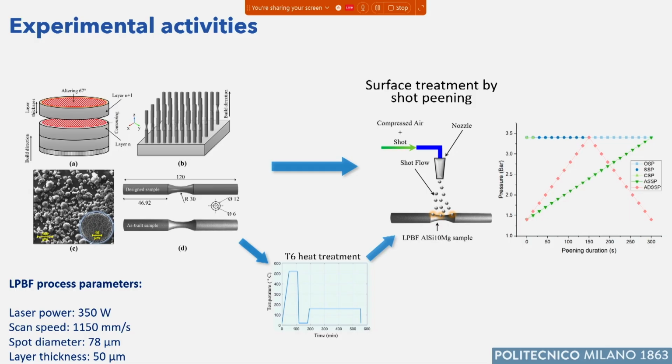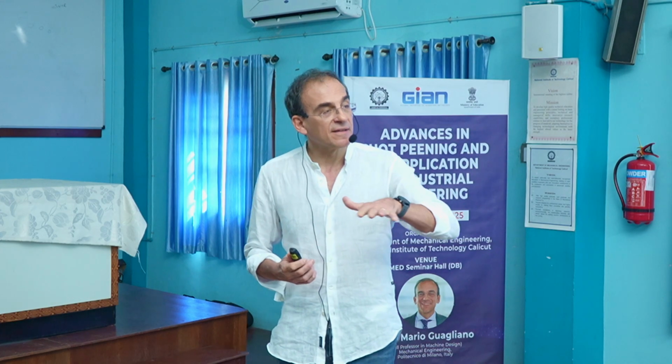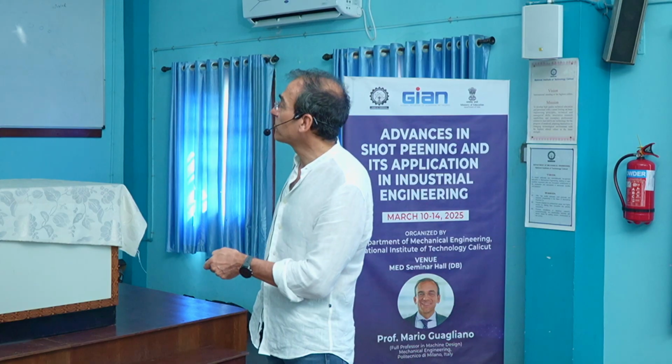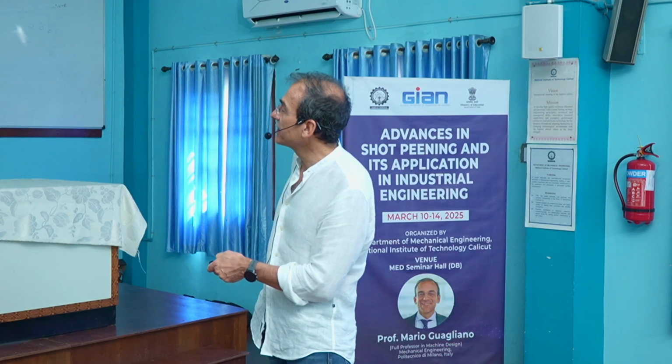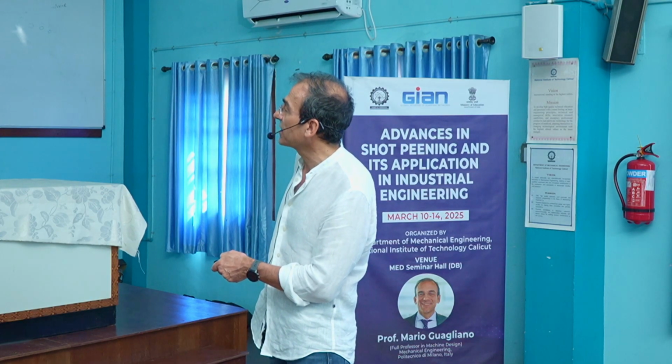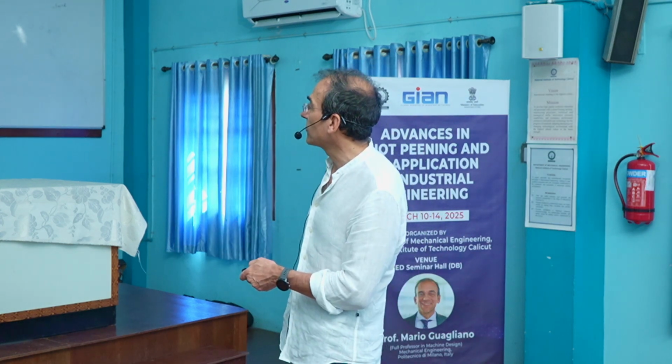Each layer was obtained by rotating 67 degrees with respect to the previous one, and the building direction is the same as the axial direction of the hourglass sample. Okay. Then we perform a T60 treatment, the same we performed yesterday.